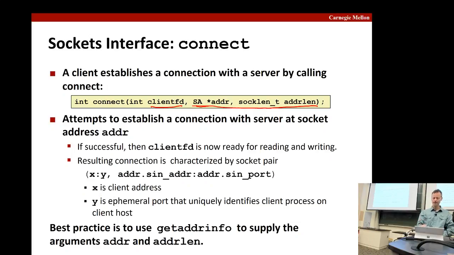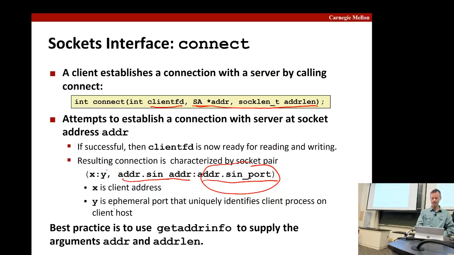That connection is characterized, as we saw in Tuesday's lecture, by both the IP address and the port, colon the port. On the server side, of course, that address and port are of the service. On the client side, it's still the port that matches the service port, the one you want to talk to on the server side.